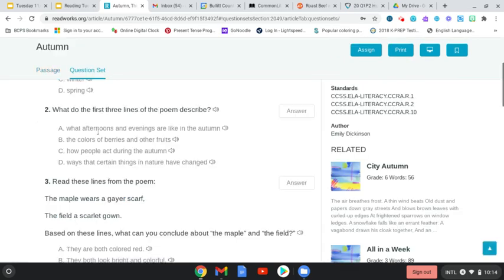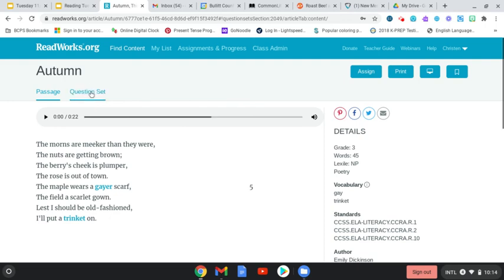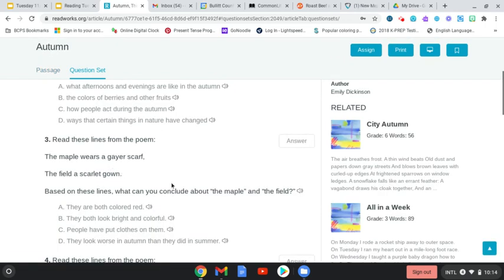So let's see. What afternoons and evenings are like in the autumns? In the autumn, well, this says the morning, so I know that one's not right. The colors of berries and other fruits. I mean, it does describe the colors of berries. That's a possibility. How people act during autumn.